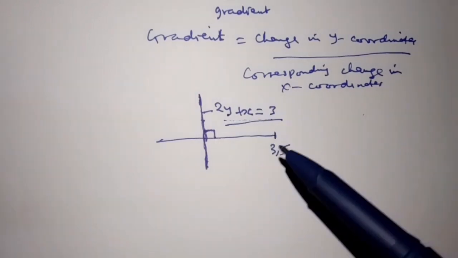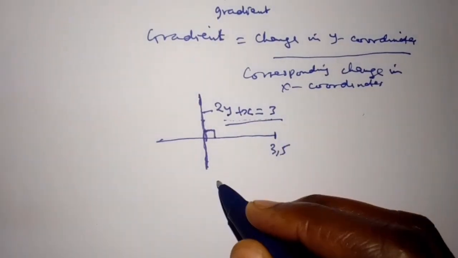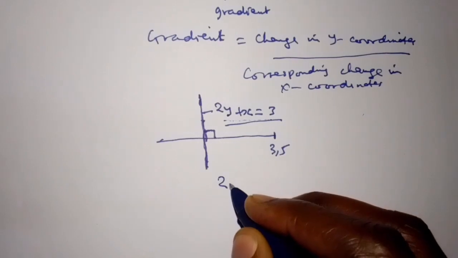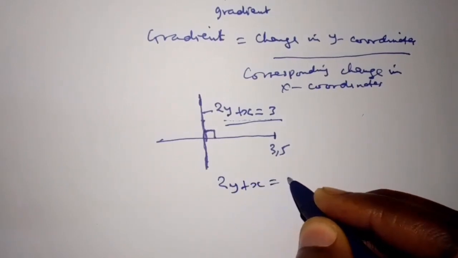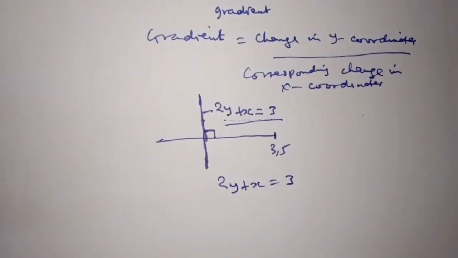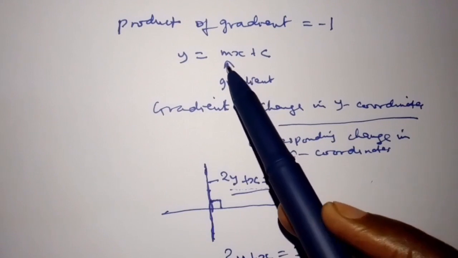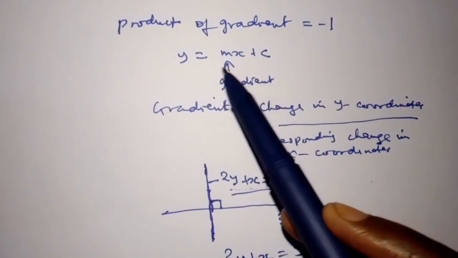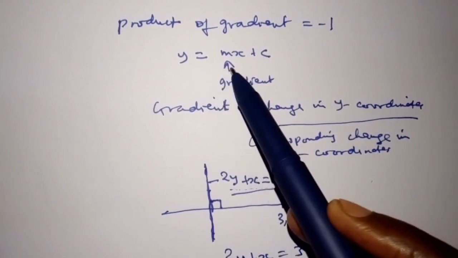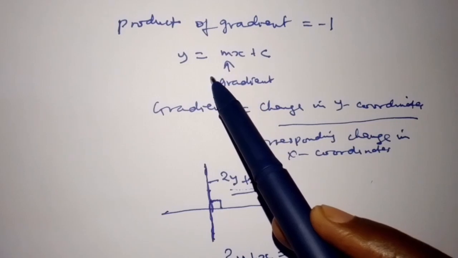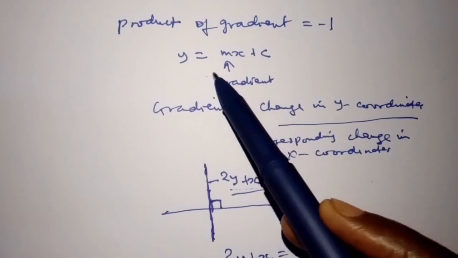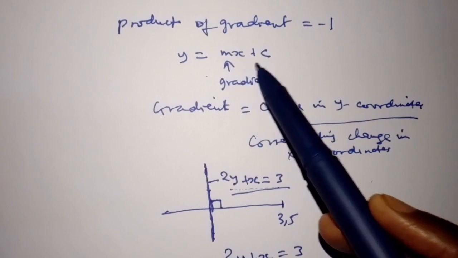So we can write this equation 2y + x = 3. In fact, we are going to use this fact in finding the gradient. We want to write this equation in the form of y = mx + c.